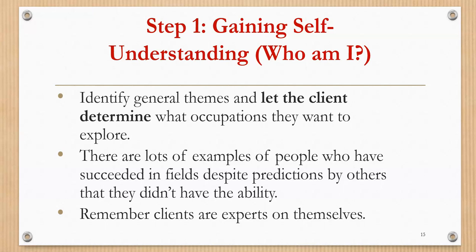So if the idea of being an accountant is just repulsive to you, you just can't imagine doing that work, it wouldn't be something that would interest you, then, if that occupation seems to be suggested by the client's results in the Who Am I stage, or they even articulate it, you need to be very careful if you think that any occupation is not interesting work or it's not good work.